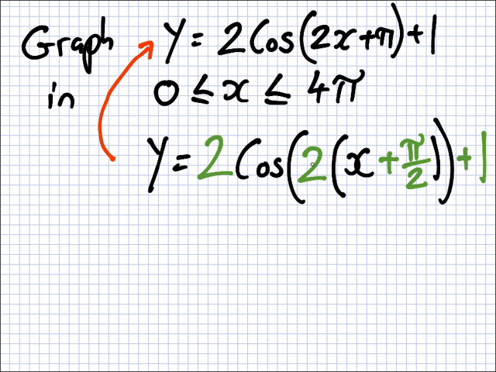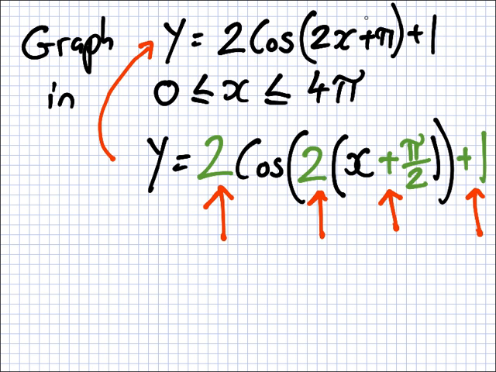Now the reason you do that is those 4 rules I gave you, if you want to use them all at the same time, you have to separate these two into 2 separate effects. So what you're doing is you're saying, we'll have a look at what the A does, what the B does, then what the C does, and then what the D does.